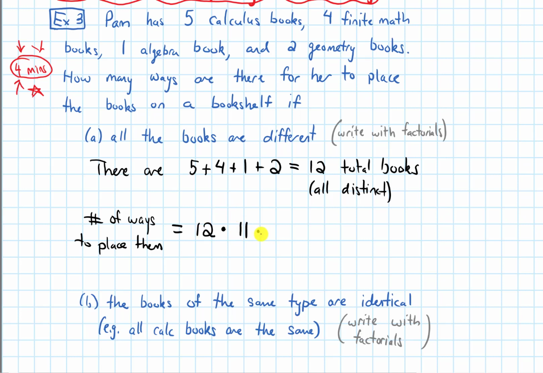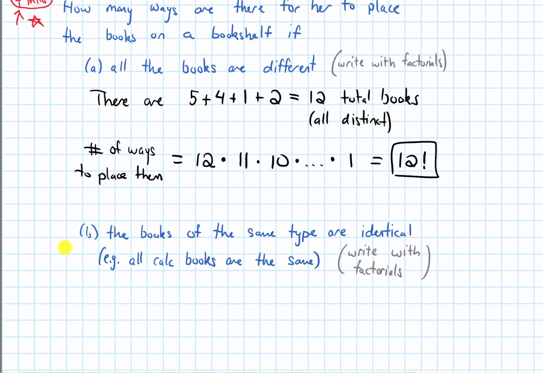And then in the third spot, now there's 10 choices left, because I've already placed 2 books. And if we keep going like this down the line, eventually we'll get to the last book left to be placed, and there's only one way to put that one there. Okay, so multiplying all these, we get 12 factorial. And that's our answer to part A. So if all the books are different, we're just rearranging 12 different things, and that's 12 factorial.